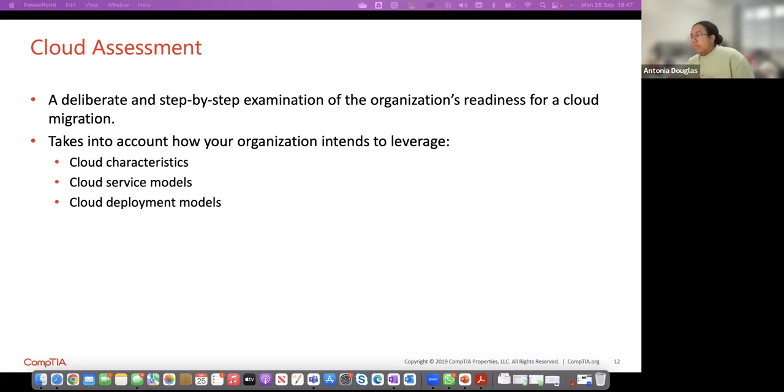A cloud assessment is essentially feasibility, one of the earliest steps you would do during your cloud design process. Again, we've covered those service and deployment models in the previous slides.